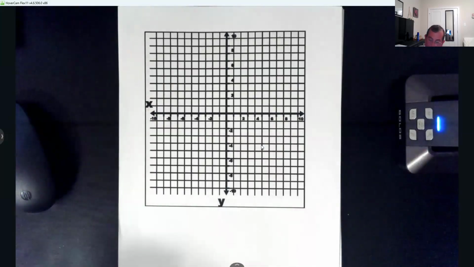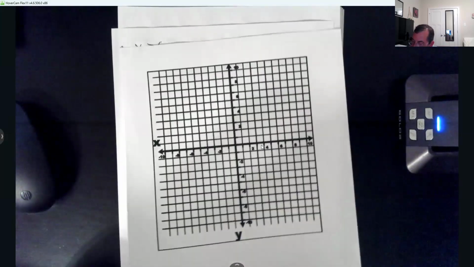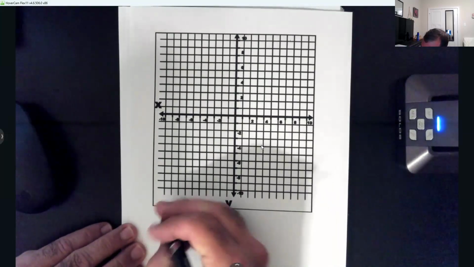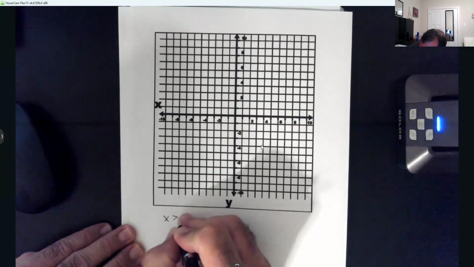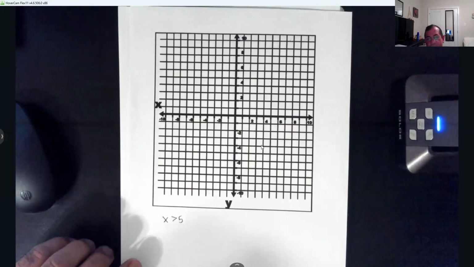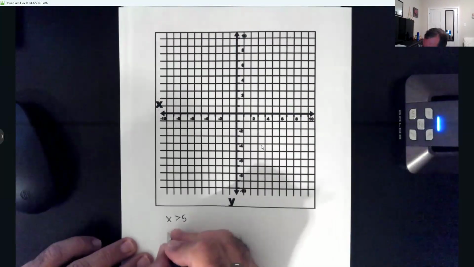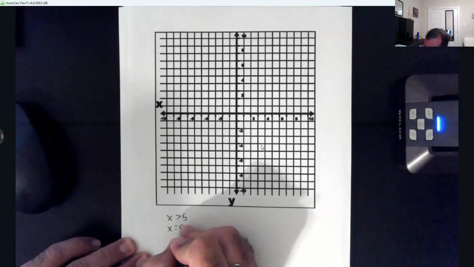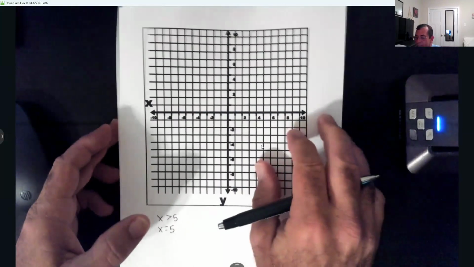Hey, y'all. So that was X was what? Greater than 5. When I graph it, I'm going to treat it like X is equal to 5. Okay.